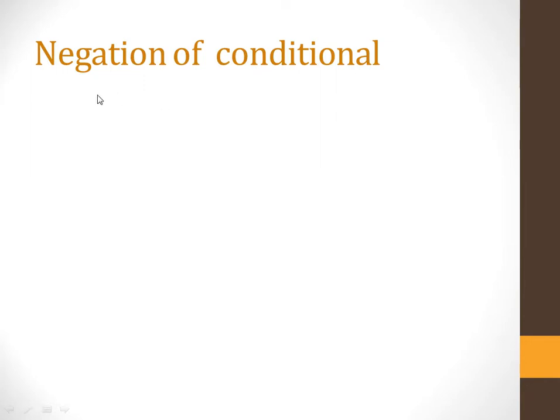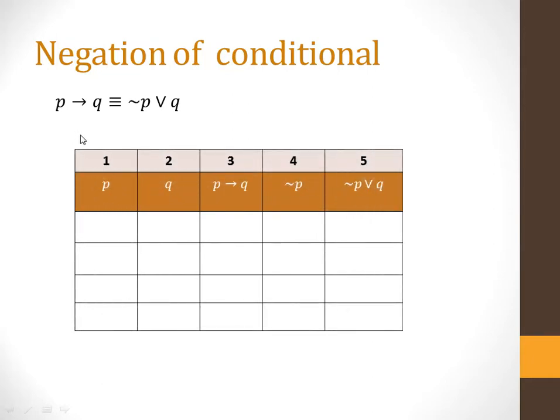For that, first of all, we will see the logical equivalence: P implies Q, this is the implication, is equivalent with negation P or Q. By using a truth table, first of all we will prove this logical equivalence. As usual, we will prepare the truth table.